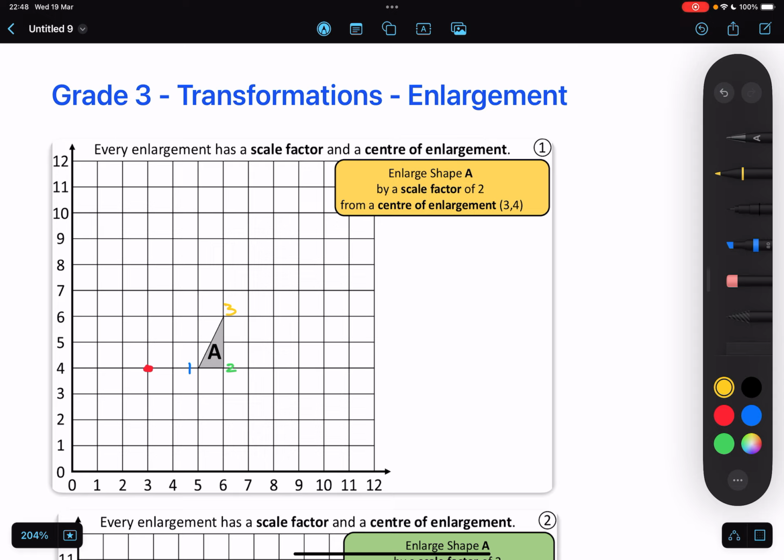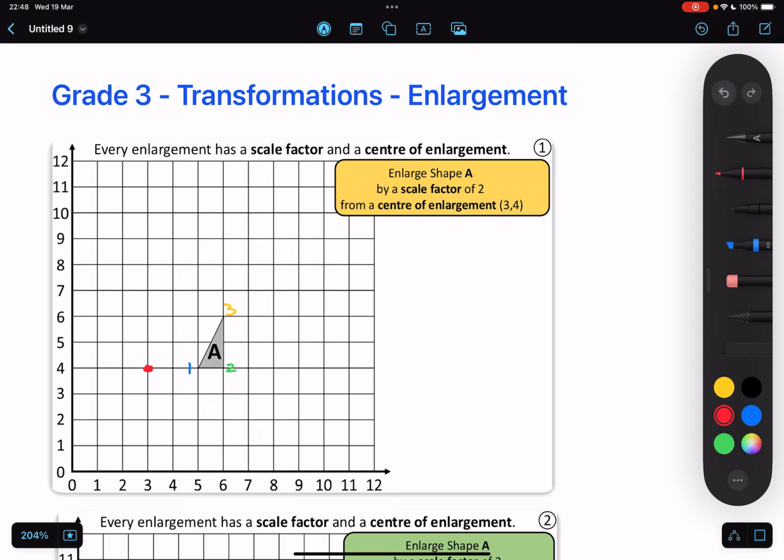Now, there is going to be a journey from the center of enlargement to each point. So there's going to be a journey to get to point 1, a journey to get to point 2, and a journey to get to point 3. So you can see that there are going to be 3 journeys.